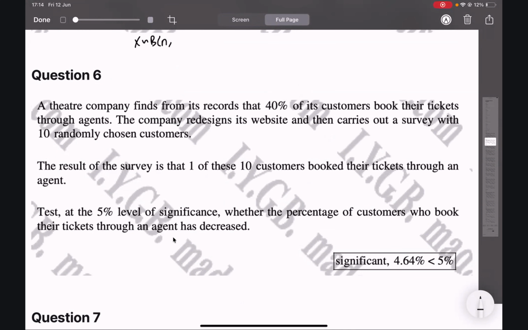You'd have 10 for n and 0.4 for the probability that the customers book their tickets through agents. Yep, and then let p be the probability.